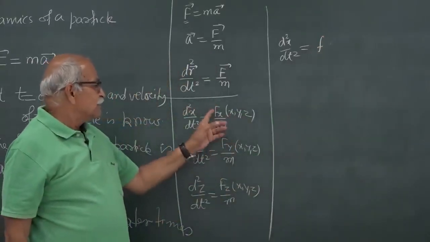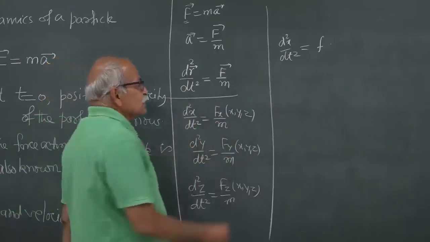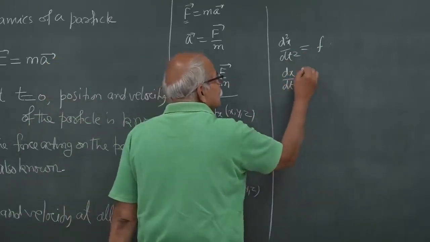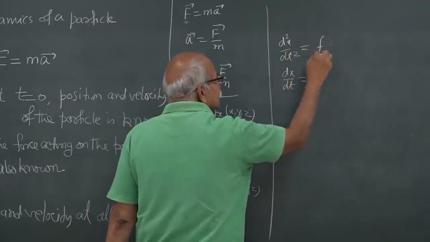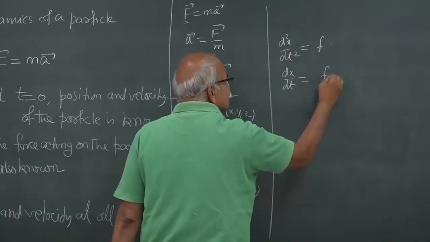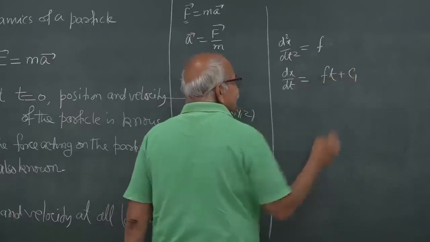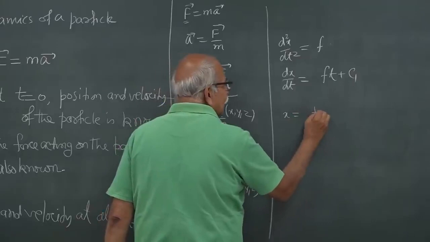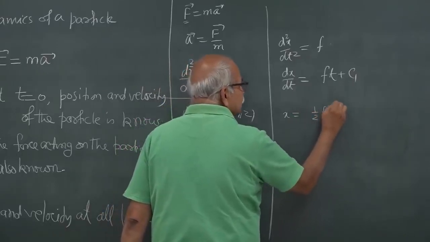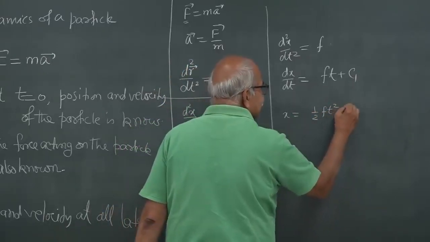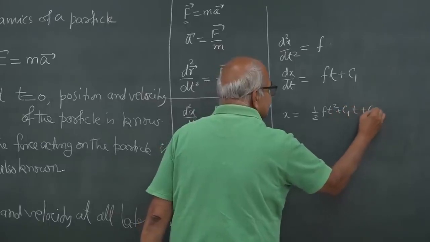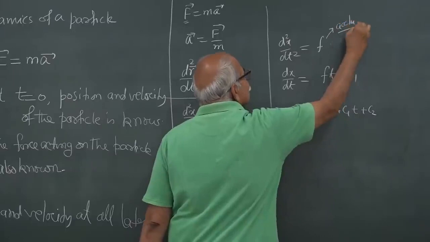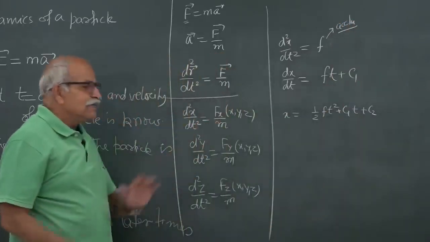So Fx by m is constant, and then you can always integrate it. dx/dt is equal to, this is one integration, F t plus some constant c1, and then integrate again, x is equal to half F t squared plus c1 t plus c2, and this is the acceleration which is constant, which is known because it is F divided by m.